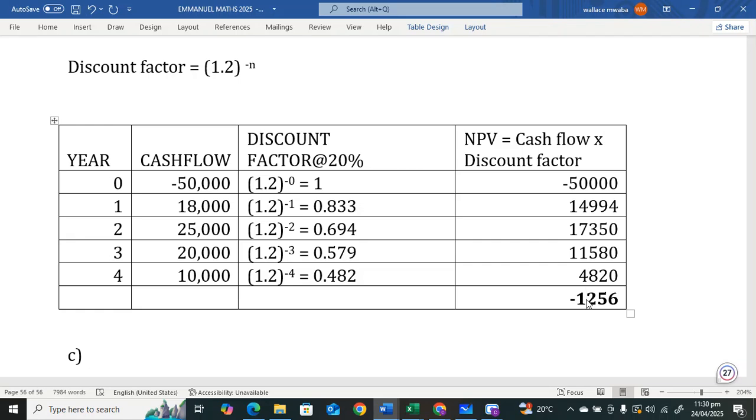Okay, then don't worry. So that is correct. Any questions? Since the net present value is negative, we reject.